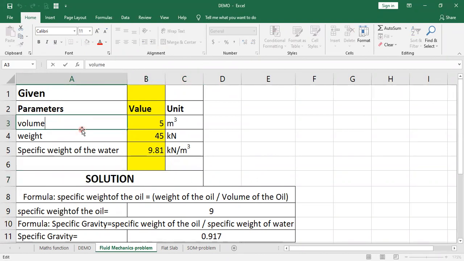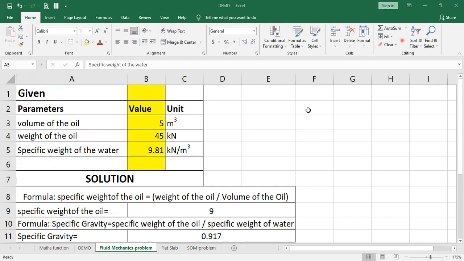I can write down here, this is the volume of the oil, and then weight of the oil. So this will be now more clear, what is the volume of the oil and what is the weight of the oil.